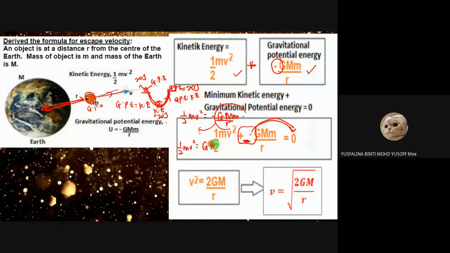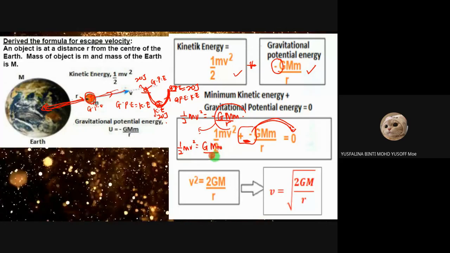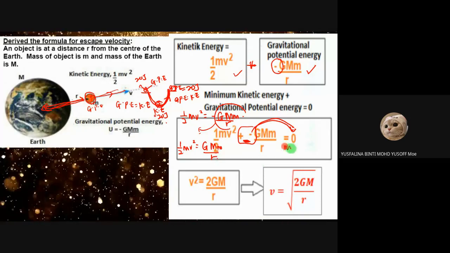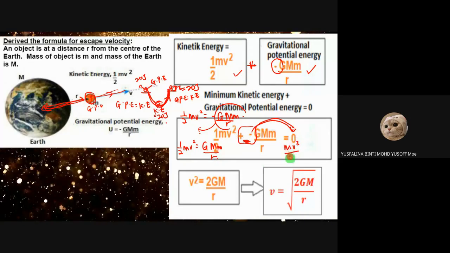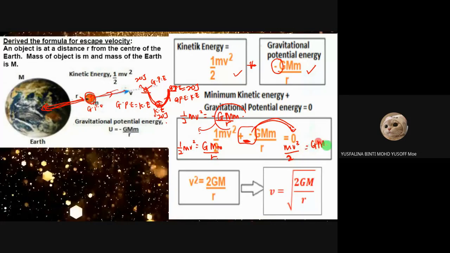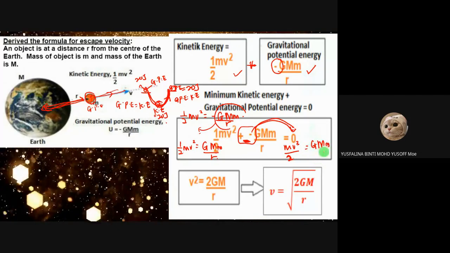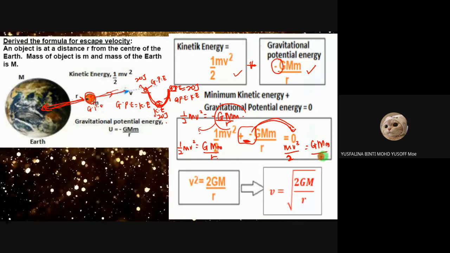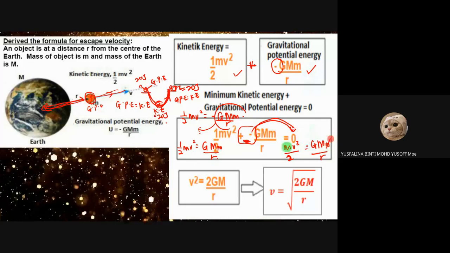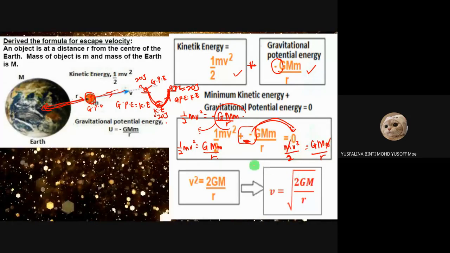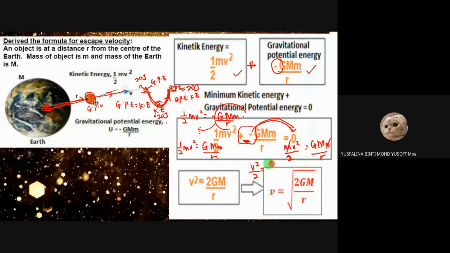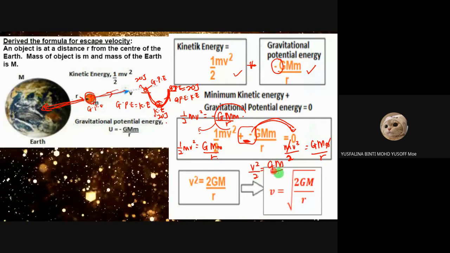So it should be like this: GMm over r. Then the m can be cancelled, so it will be left with v squared over 2 equals GM over r.